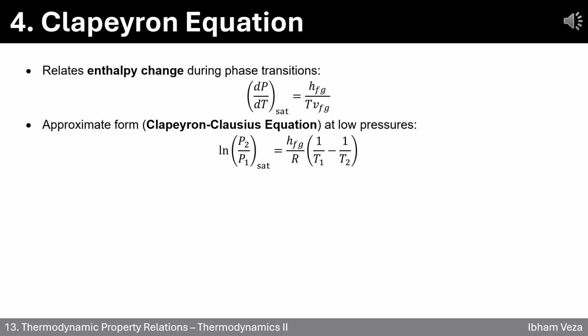At low pressures, we simplify it further with the Clausius-Clapeyron equation, which lets you calculate vapor pressure using just temperature and enthalpy of vaporization. This shortcut makes phase transition analysis much faster, especially in real-world engineering problems.